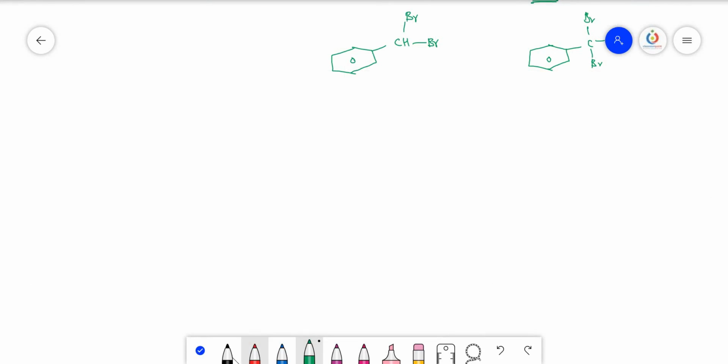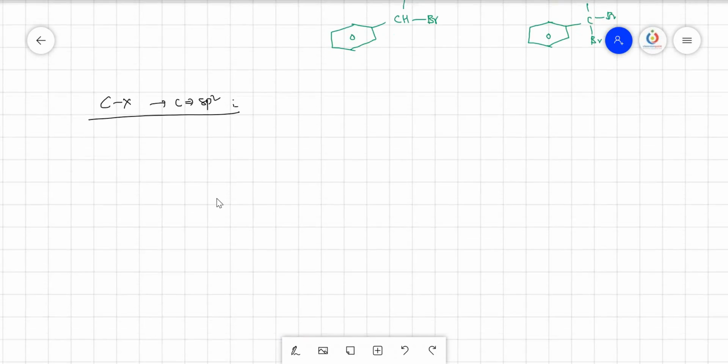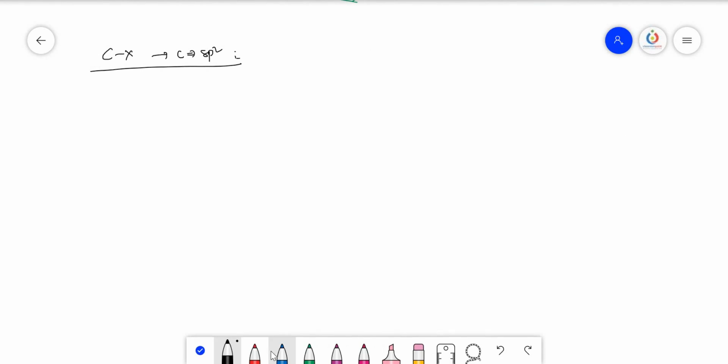These are all just basics. So the CX bond where the carbon atom is sp2 hybridized. So once sp2 hybridized, it may be cyclic or acyclic, whatever it may be.